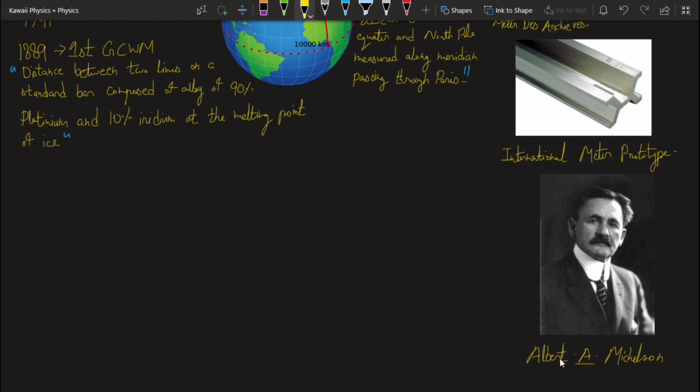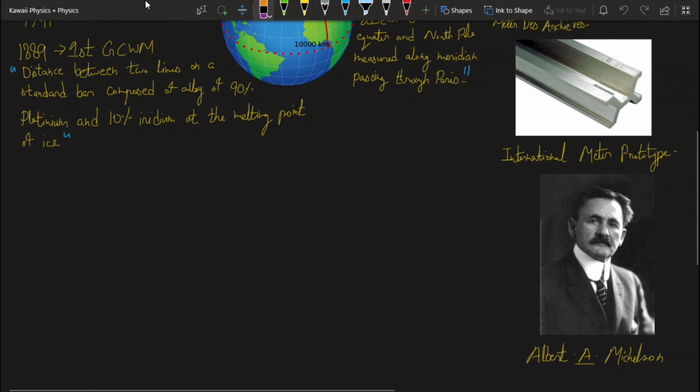So Albert A. Michelson measured the International Meter Prototype with an accuracy of 0.1 micrometer from the red light of cadmium.